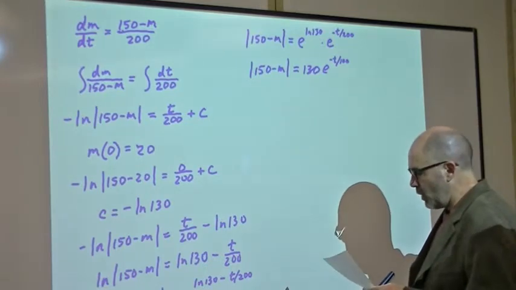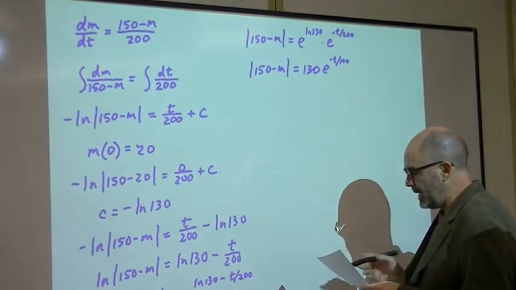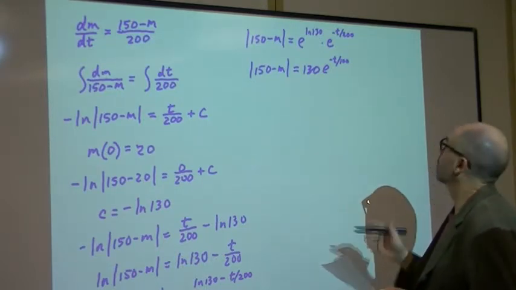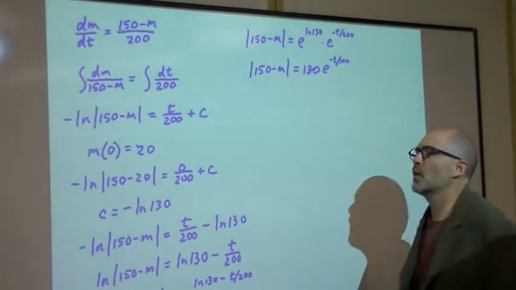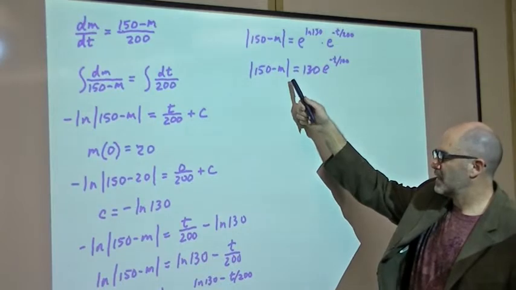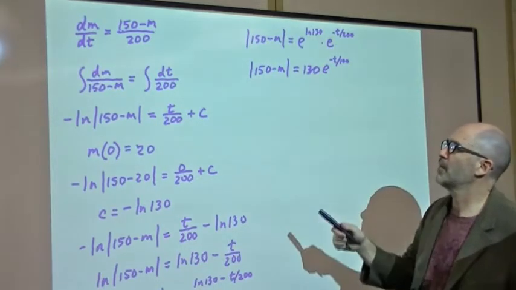Okay, so now the next thing we say is that, well, there's two ways of seeing this. We know that the mass can never be more than 150.